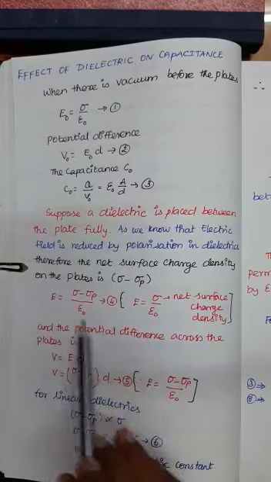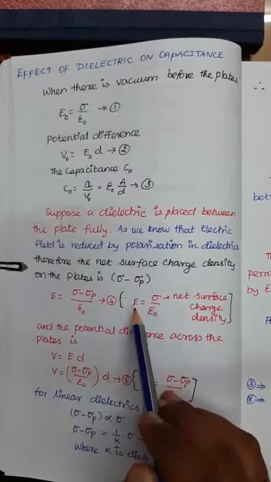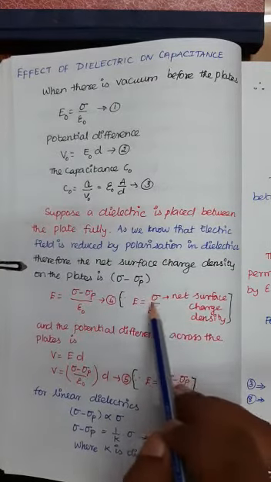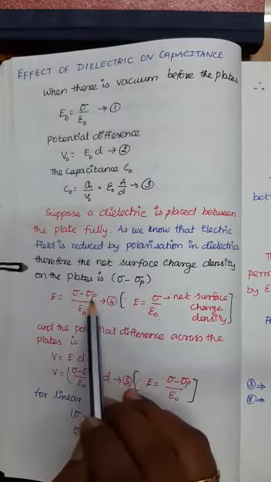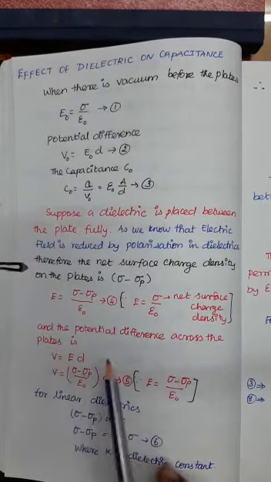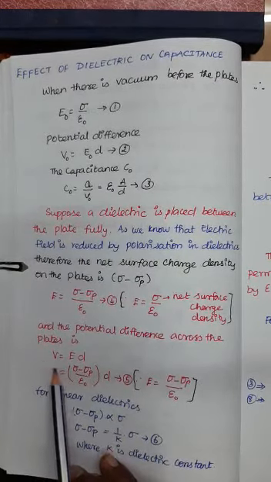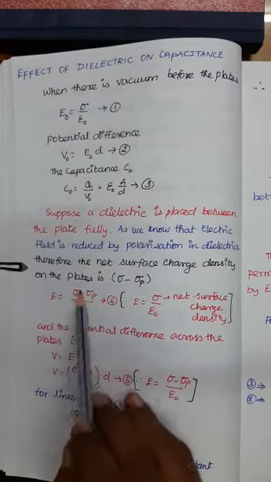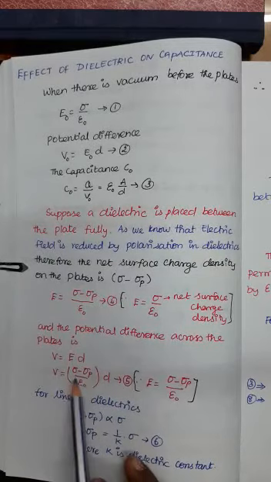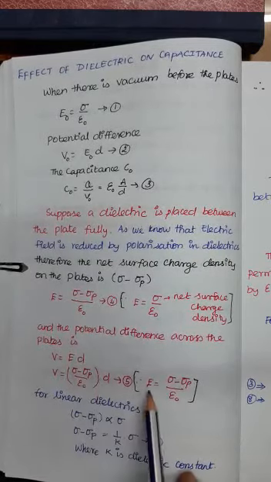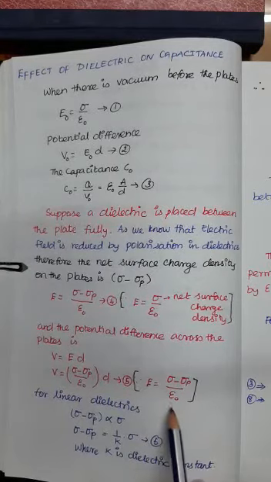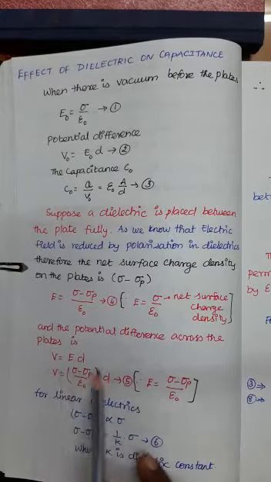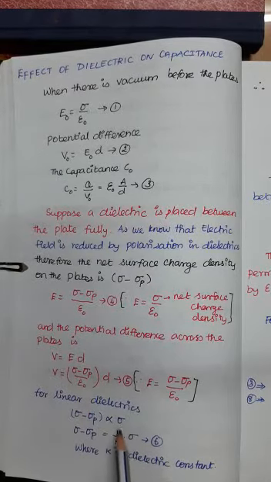Why? As we know, the electric field E is related to the surface charge density divided by the permittivity of free space. Instead of sigma, we are going to write sigma minus sigma p. And the potential difference across the plates we can write as V is equal to E into D. So instead of E, we use sigma minus sigma p divided by epsilon naught, into D. For linear dielectrics, this net surface charge density is directly proportional to the free charge density.